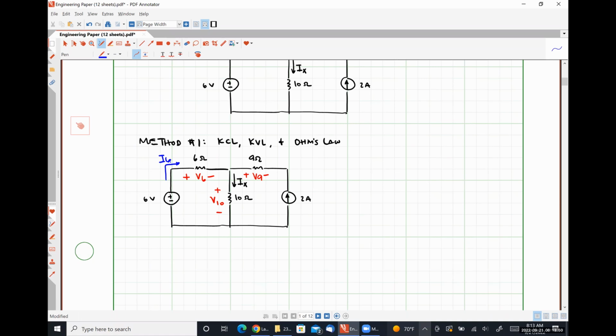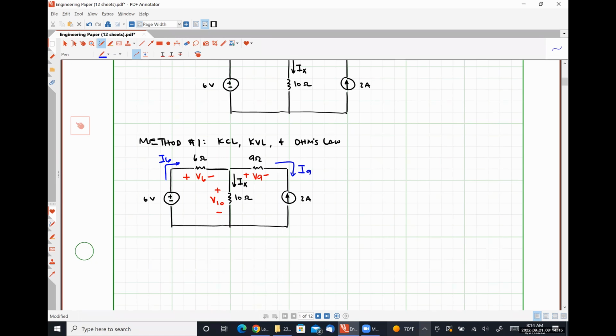The current flowing down through the 10 ohm resistor is already labeled as IX, so I'm not going to have to label it. And there's a current flowing to the right through the 9 ohm resistor that I'm going to call I9. So effectively, all of my voltages and currents in this whole circuit are accounted for.